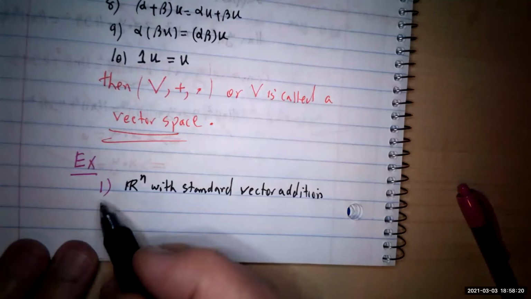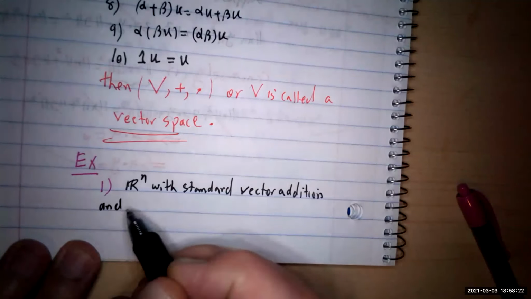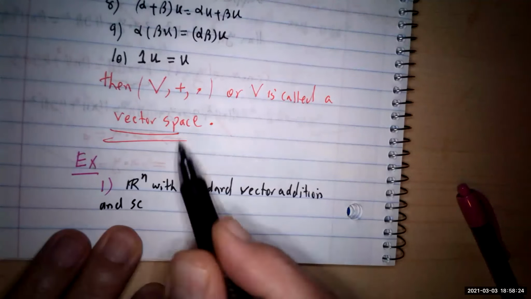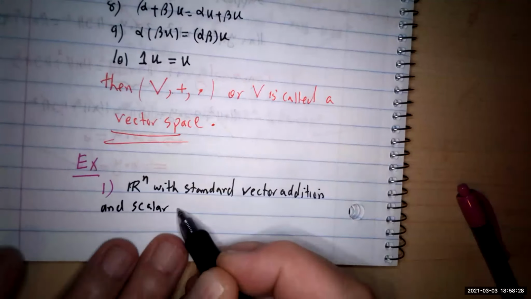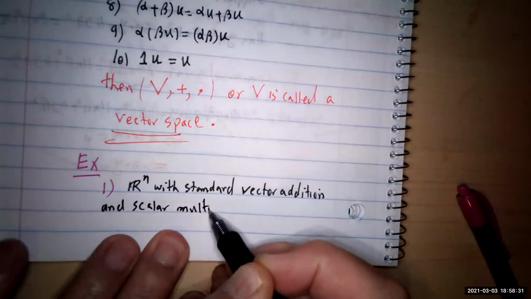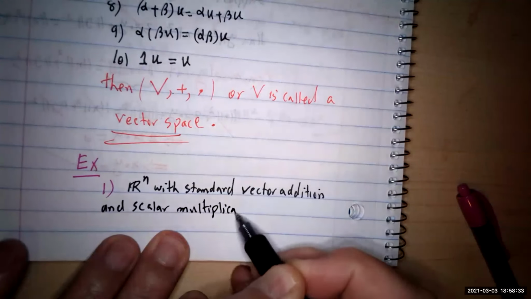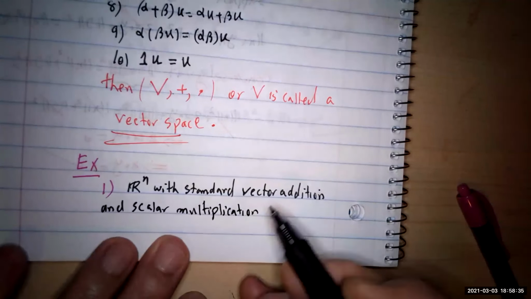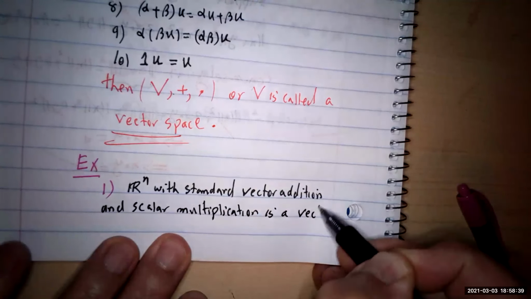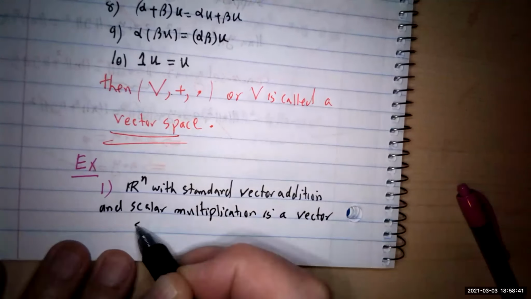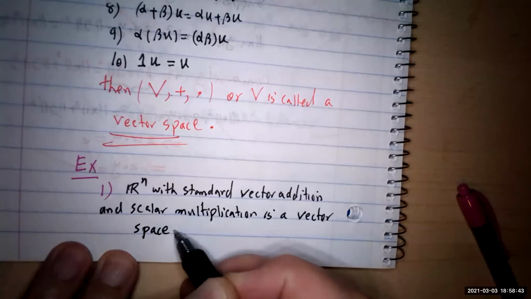and the scalar multiplication. You have to tell us these two operations. Rn is a vector space. Very classic result.